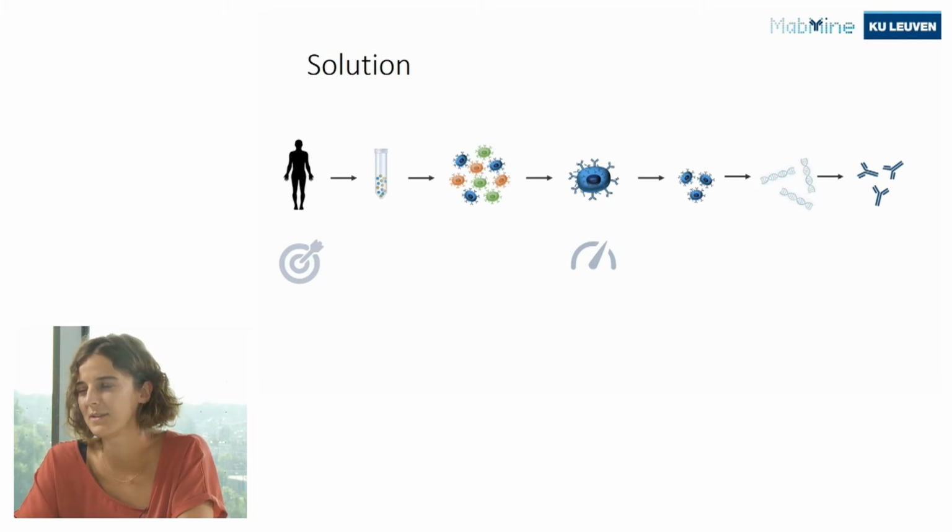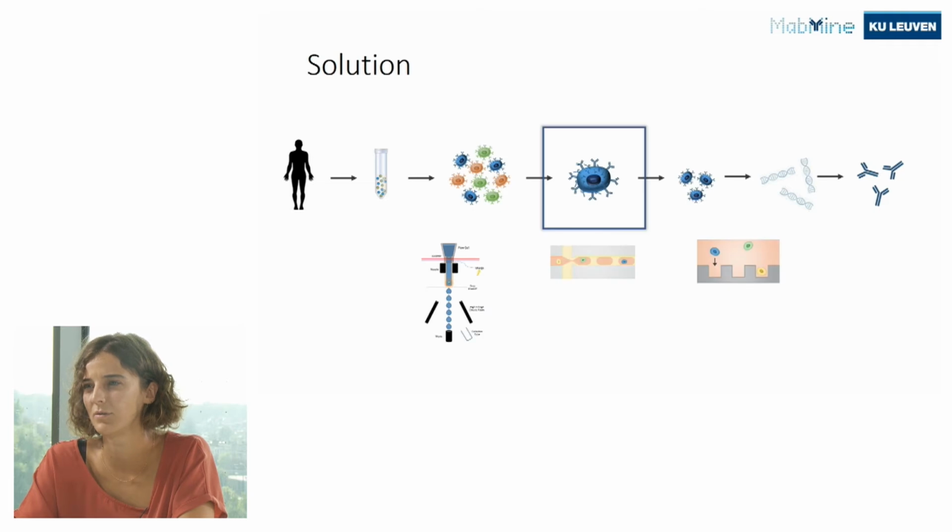The throughput of the process is determined by the ability to screen different B cells and to select the most optimal ones. And here are a number of options. One of the most commonly known options is fluorescent activated cell sorting, or FACS. But recently also some other technologies emerged that use either droplets or microarray structures to trap and interrogate single B cells.